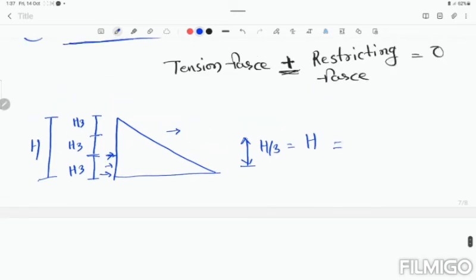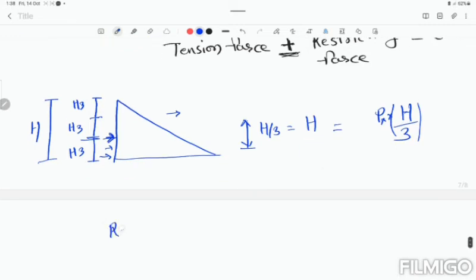As we know the force criteria, wl square divided by 2, but for pressure we consider P into H as the length. At h by 3, the distance is the total length of the dam where the tensioning force acts on the dam body. So the tensioning force is this.